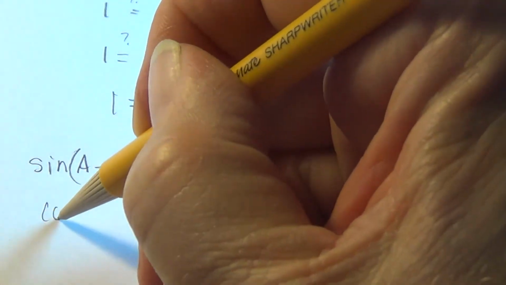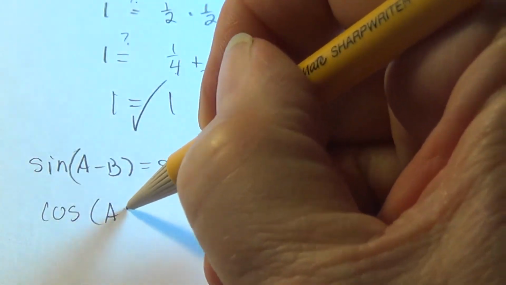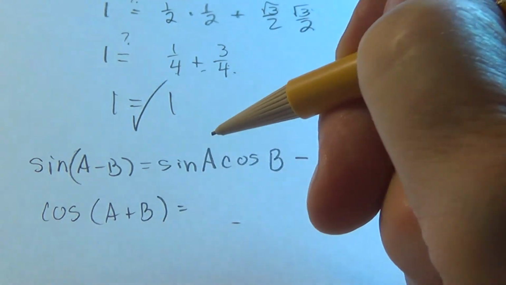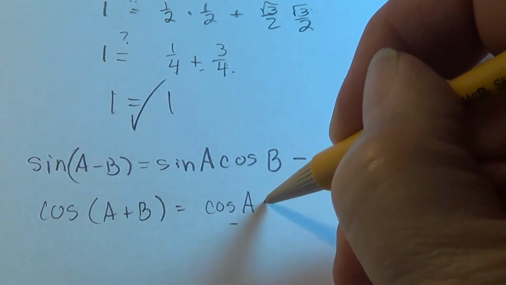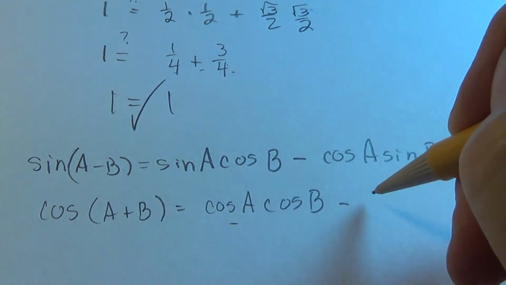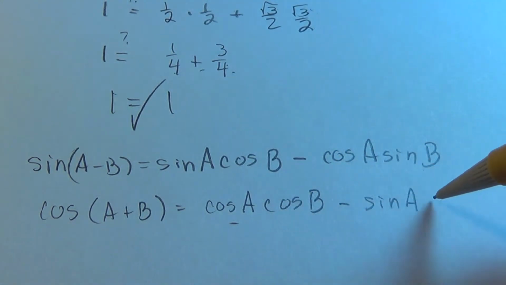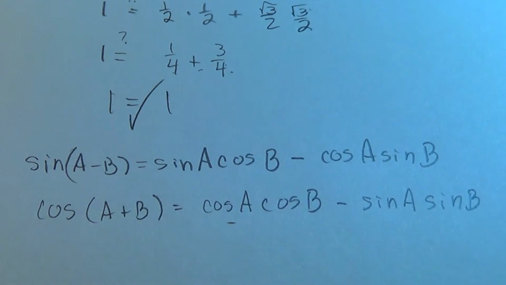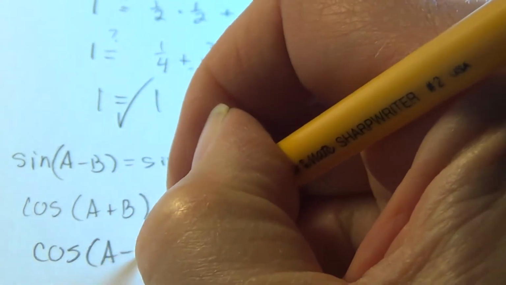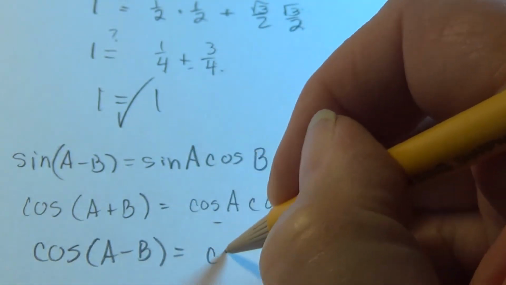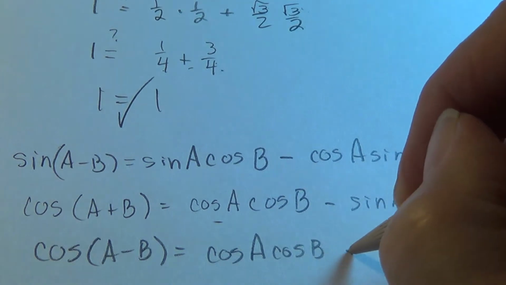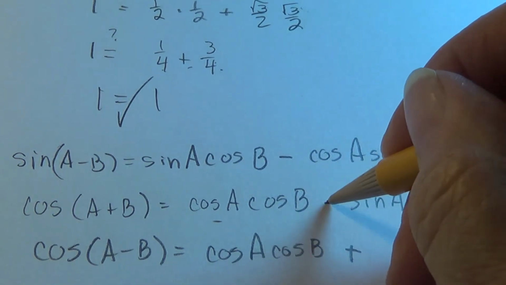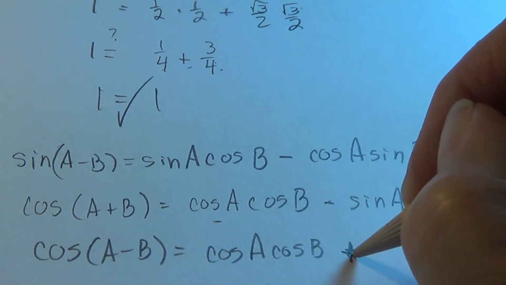Then cosine of A plus B works like this: cosine A cosine B minus sine A sine B. And cosine of A minus B is cosine A cosine B minus, plus, because this one was minus, plus sine A sine B.